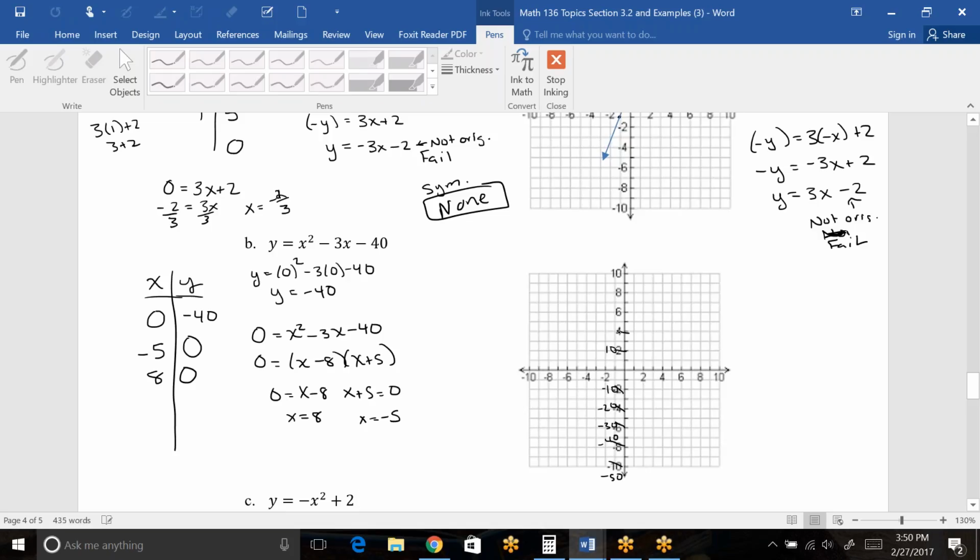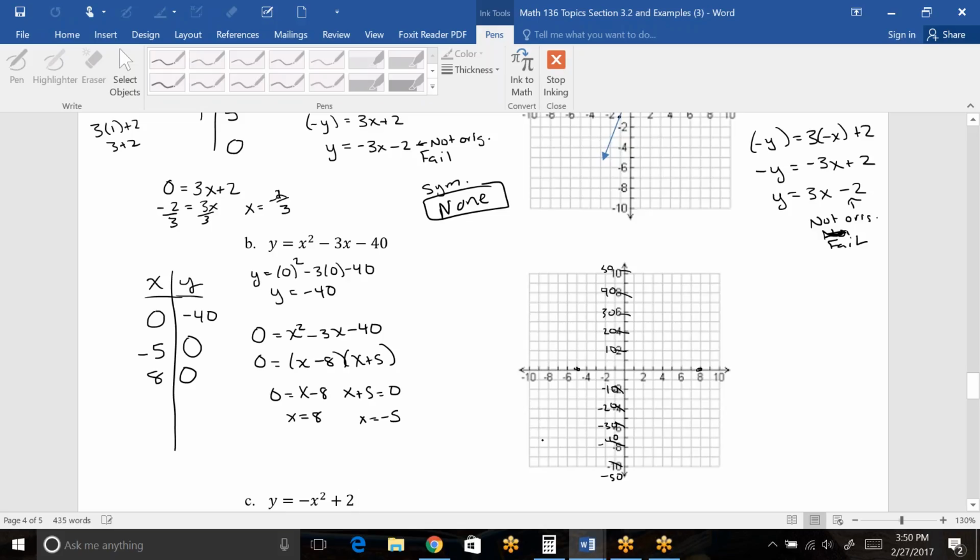So 10, 20, 30, 40, and 50. Now if you do something like this, it's fine if you leave this alone, as long as this is scaling by the same amount each time you have a mark. So I just changed this to counting by tens. So this would be (8, 0), so that's right here. Go ahead and put those x-intercepts down, and (-5, 0).